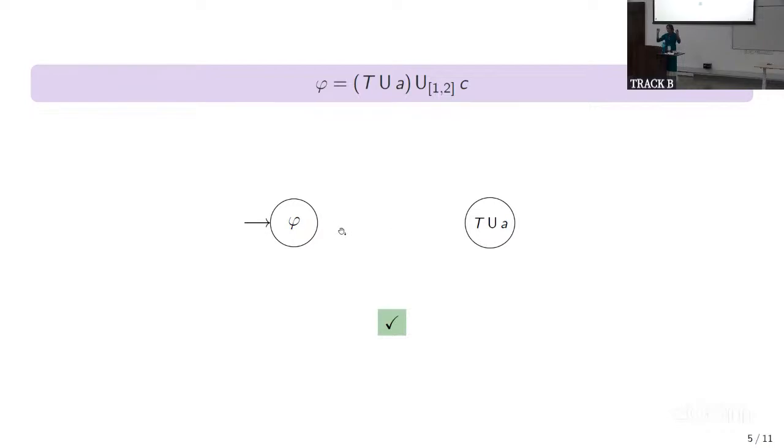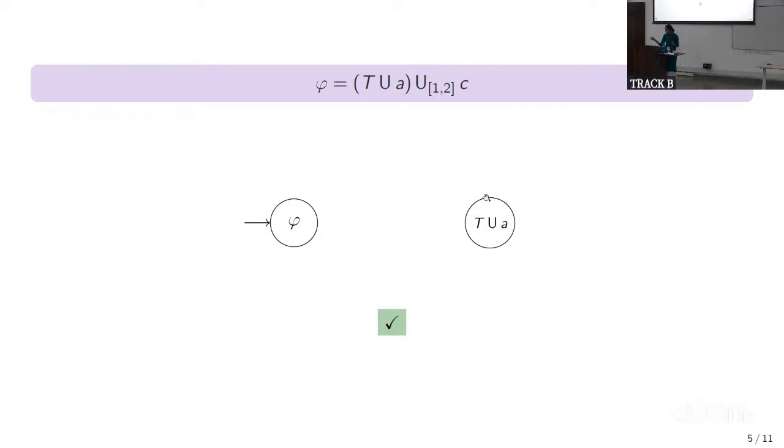Each state can be looked at as the subformula to be checked. So here you have the phi and you have this true until A subformula. To make the picture a little clearer, I'm also using this tick mark to show an obligation that has been fulfilled, which in the ATA semantics would go to true.